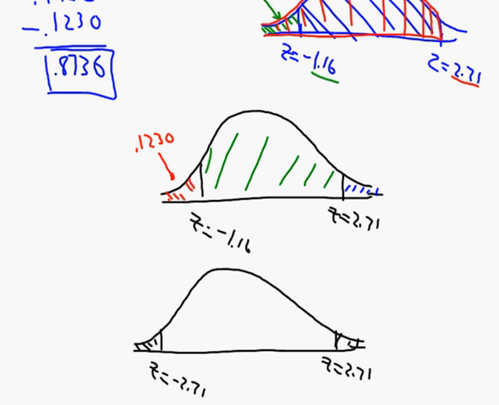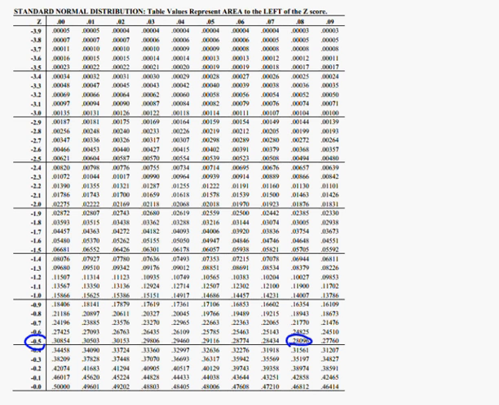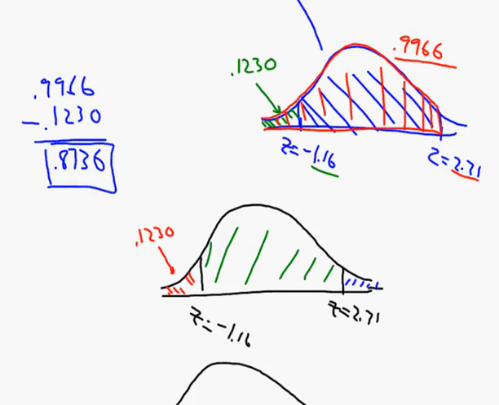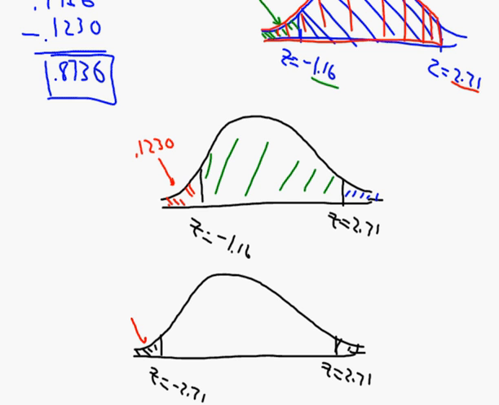So we can go look up z equals negative 2.71, which is 0.0034. So this tail is 0.0034. Because of symmetry in the normal distribution, that tail is also 0.0034.